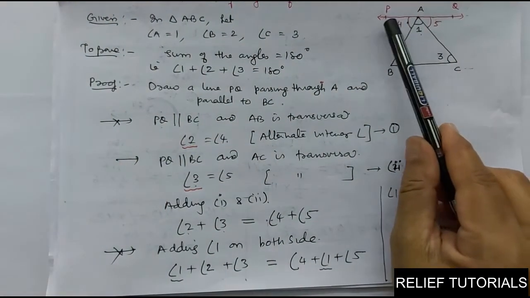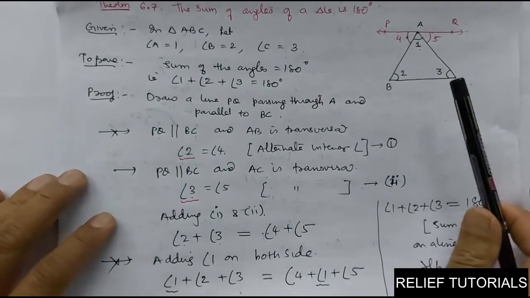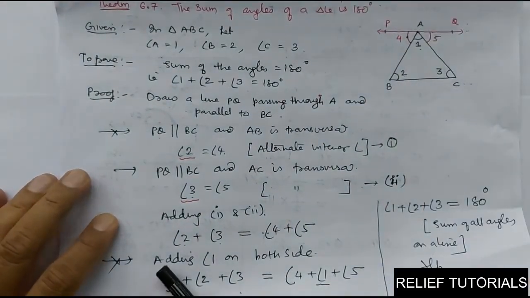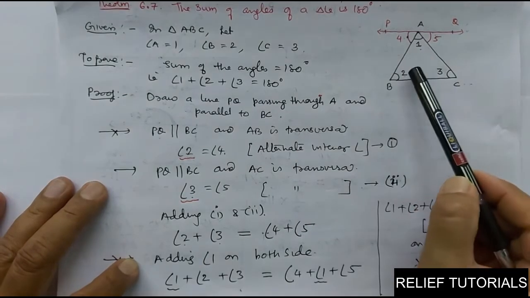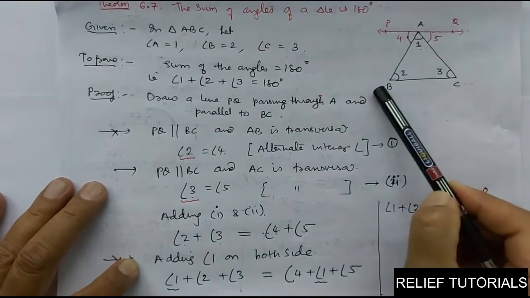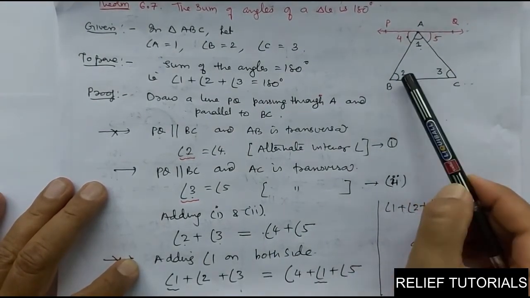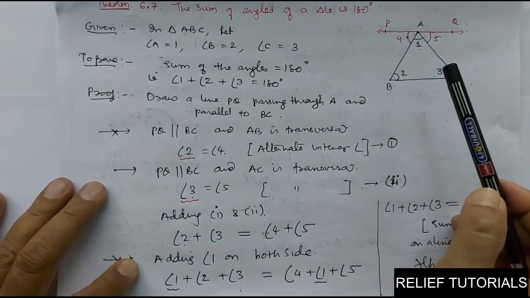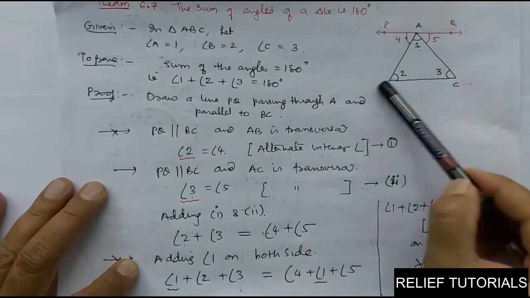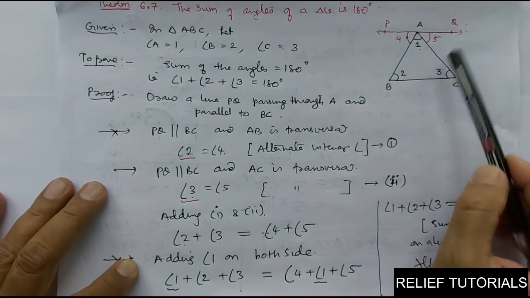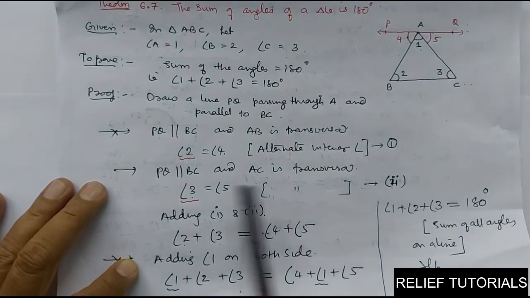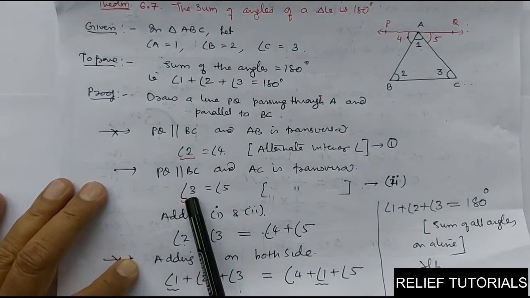One construction: draw a line PQ parallel to BC and passing through A. Then you have said that 2 is equal to 4. PQ parallel to BC, AB is transversal, so 2 equals 4, alternate interior angles. Same thing now: PQ parallel to BC and AC is the transversal, so 3 is equal to 5. Here you have to write 2 and 3, that is, the angles of a triangle, on LHS.